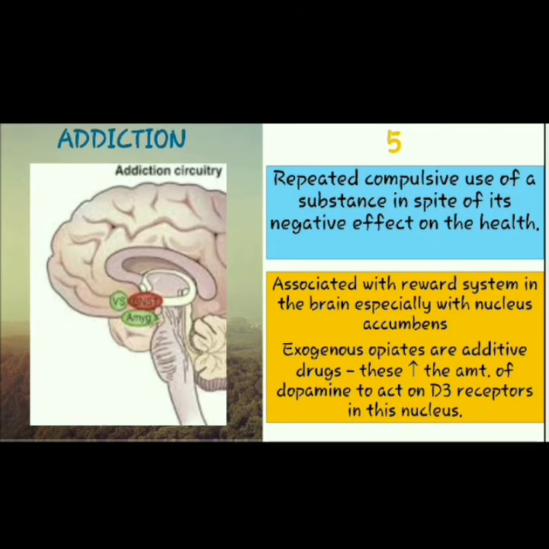We all know exogenous opiates. These are addictive drugs. These increase the amount of dopamine acting on the D3 receptors in the nucleus accumbens, and hence we get addicted to the drug.